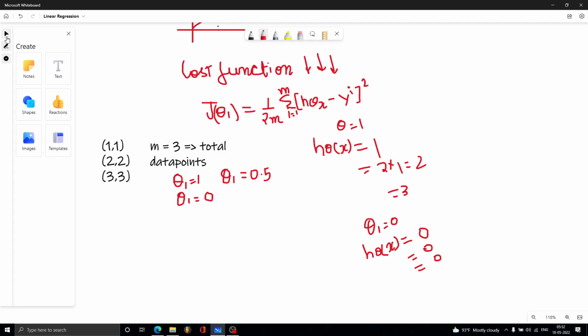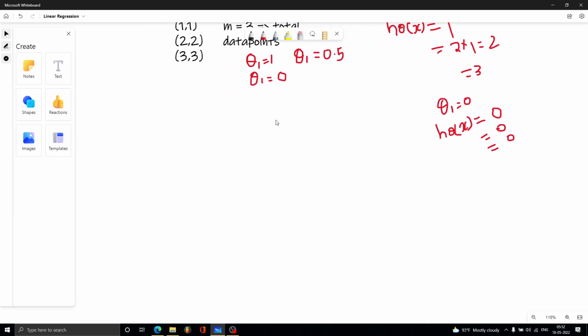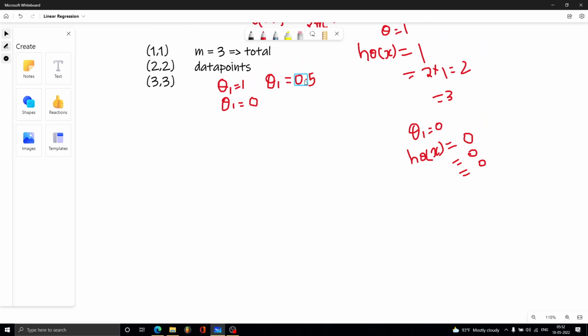Now similarly, for theta 1 equal to 0.5, what are we going to get as h theta of x? It's difficult to write in this manner. h theta of x is equal to 0.5 multiplied by x1, that is 1.